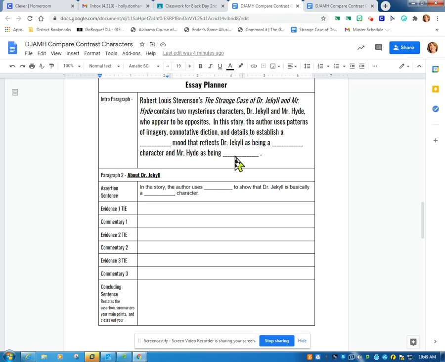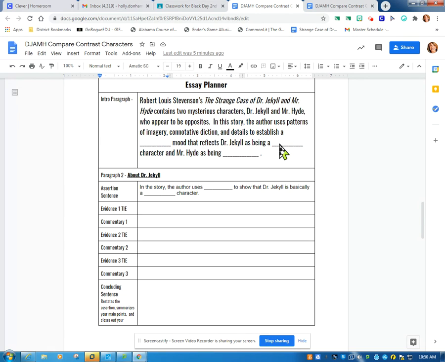Hyde as being blank. Now, the mood, you're gonna need to find some kind of word to express mysterious or suspenseful or fearful. Those kind of words would go in that blank.